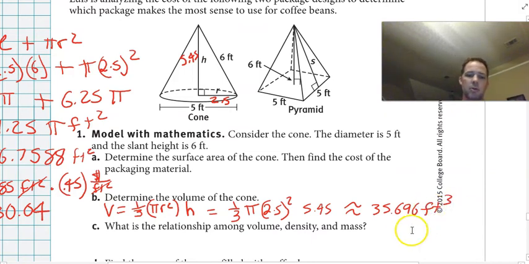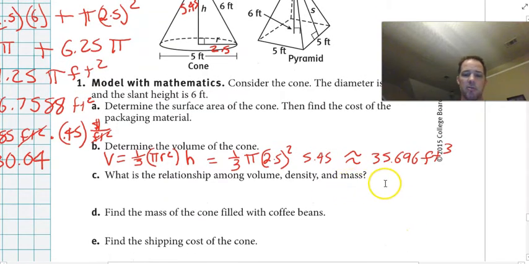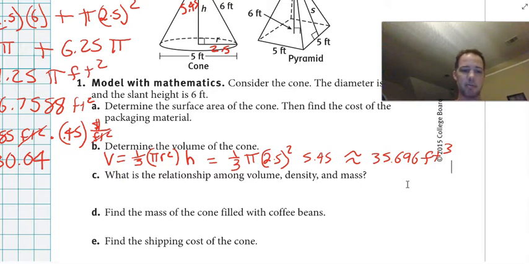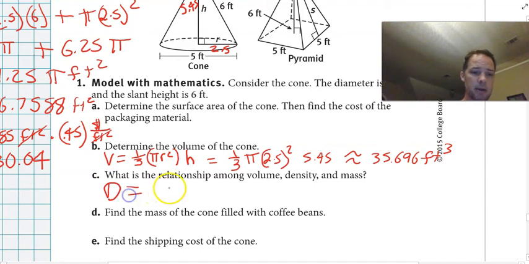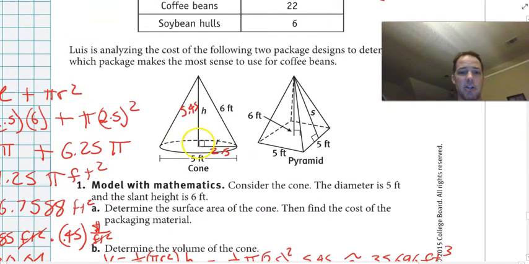All right. What is the relationship among volume, density, and mass? This is something you might not be familiar with. Most kids aren't introduced in middle school. Some don't learn it until physics. Density is just mass divided by volume. And an easy way to remember this is the units tell you what the relationship is.